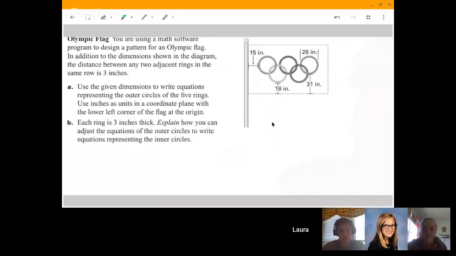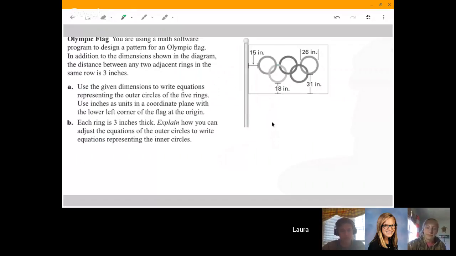Okay, just want to make sure it was showing on the screen. So it means that this little distance between those in the same row, so all those green little pieces, each of those is 3 inches. Okay, and everything else is labeled.